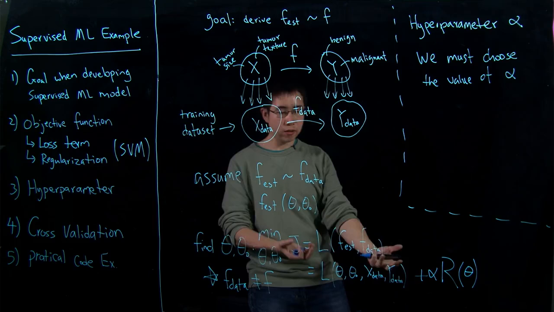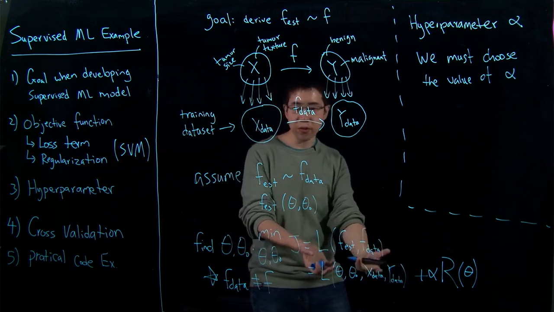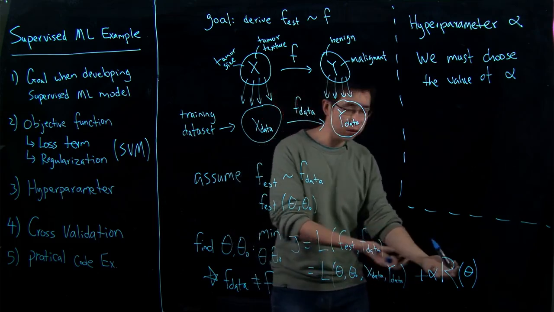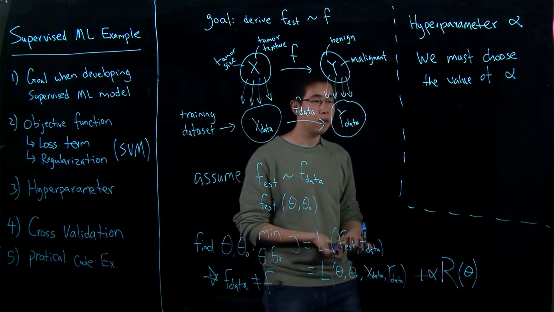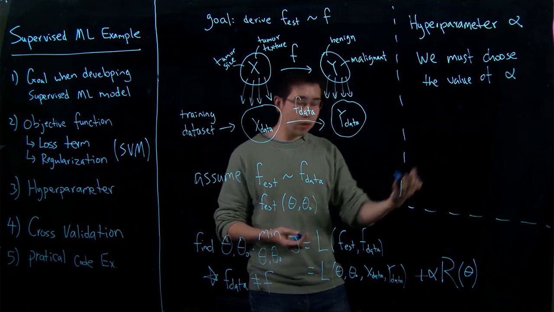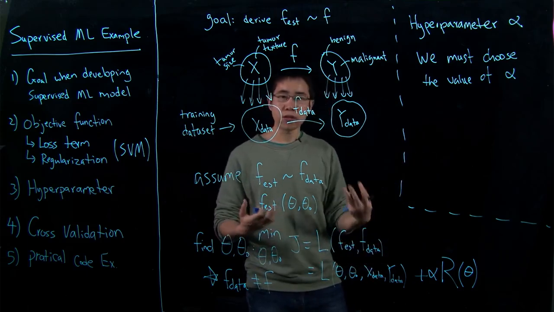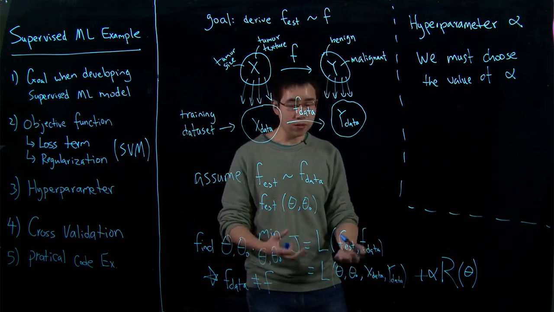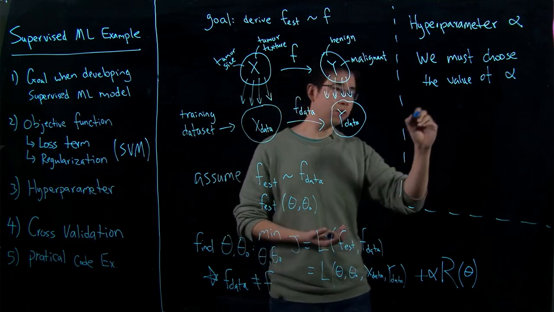And in turn, it determines how much weight we place on the loss term and how much weight we place on the regularization term. And unlike theta and theta naught, alpha is not determined through the minimization of the objective function j.